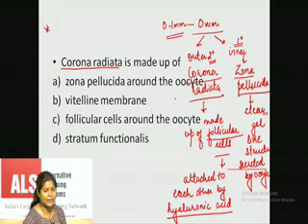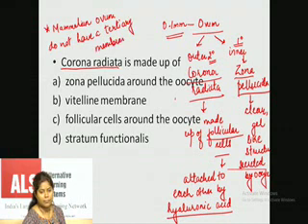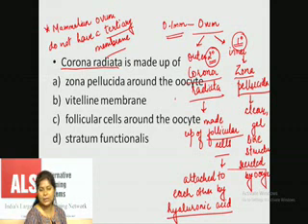So just make a note of it that mammalian eggs or ovum do not have a tertiary membrane. So we do have only primary and secondary membranes. Yes, clear? Copy it. Sorted.